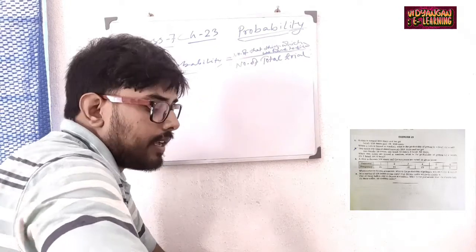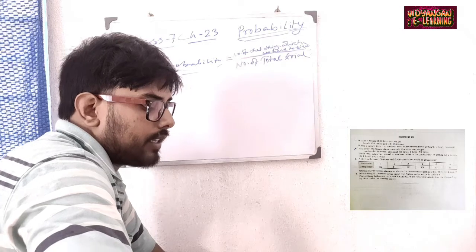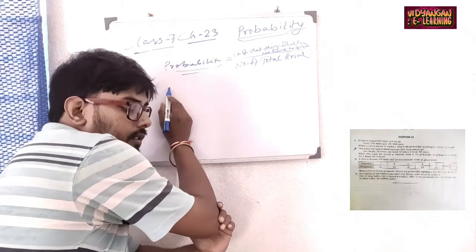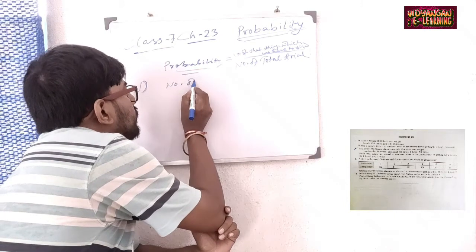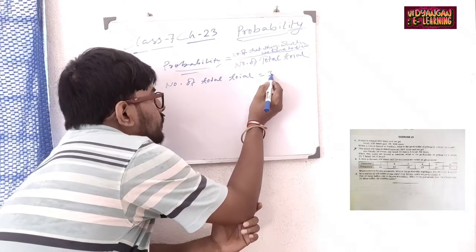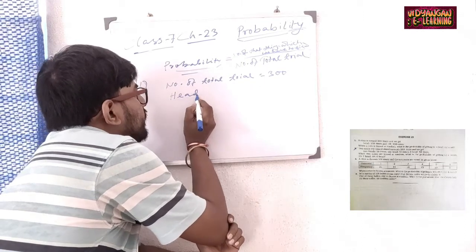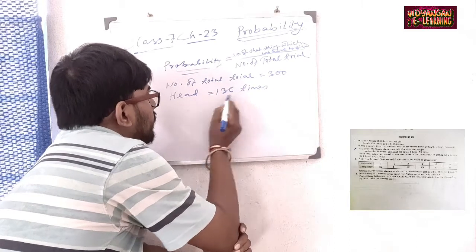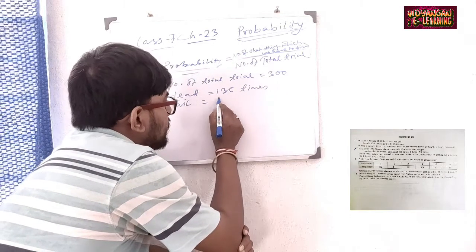In the first question, a coin is tossed 300 times and we get head 136 times. So the total number of trials is 300, out of which we get head 136 times and tail 164 times.